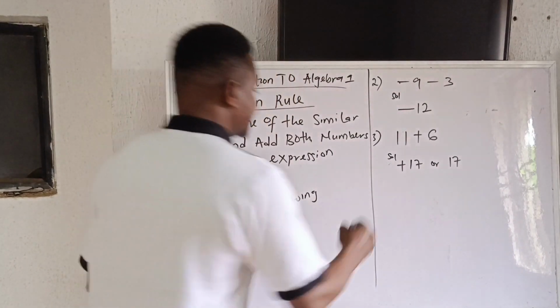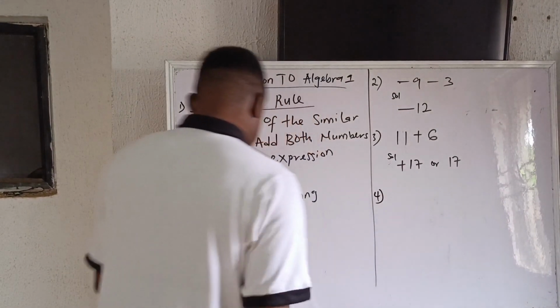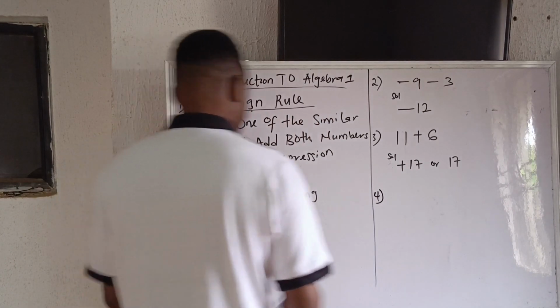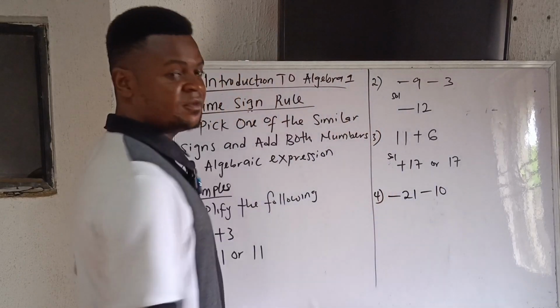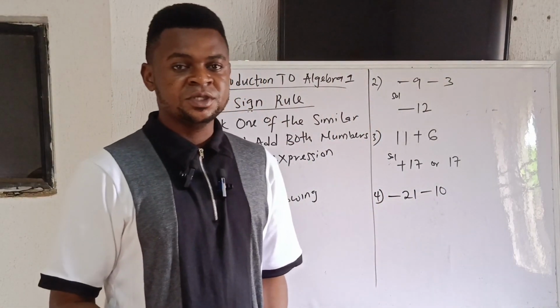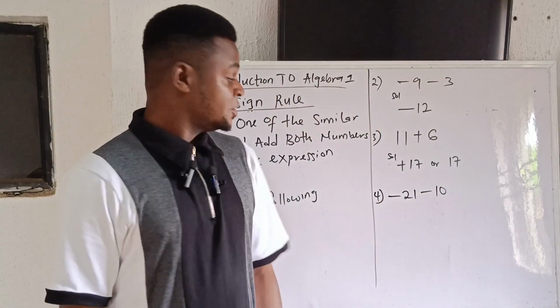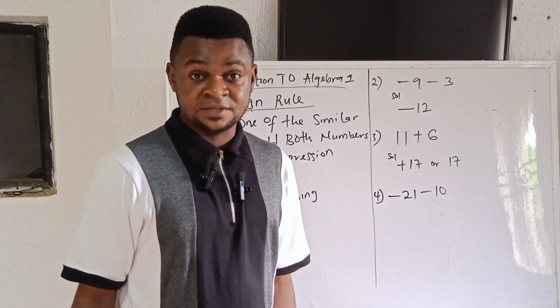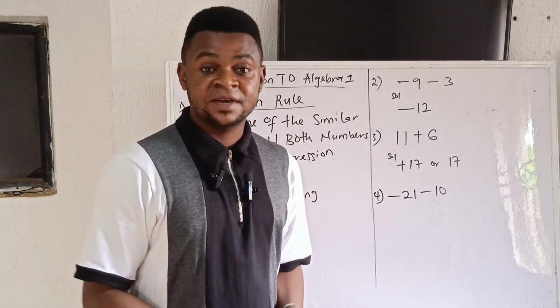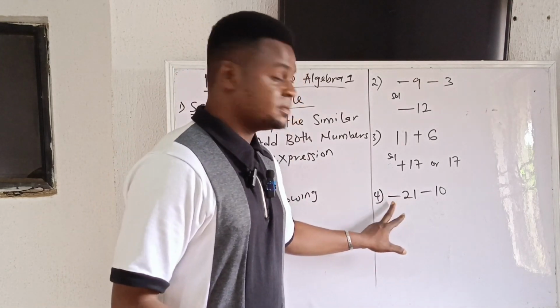Okay, now let's look at example 4. For example 4, if we're told to simplify minus 21 minus 10, what do you think the answer should be this time around? This is not actually very hard, it's very simple. First of all, you need to identify their signs. The sign for 21 is minus.